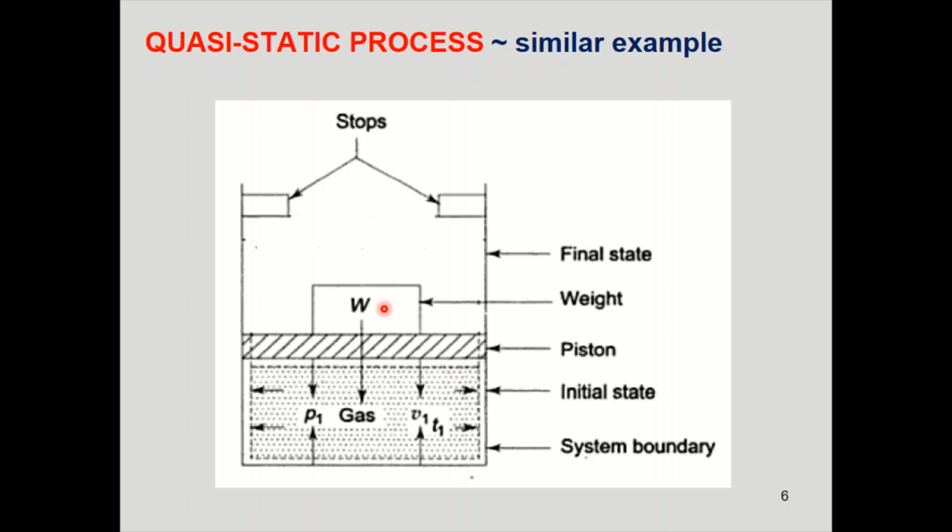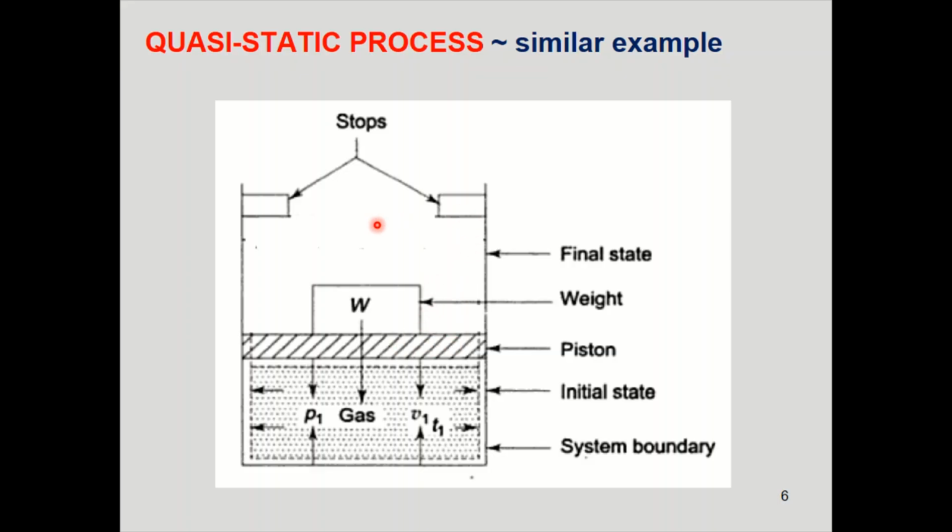In this initial condition, you can measure pressure, temperature and volume because it is in equilibrium. The moment you withdraw this load, the piston will be moving up. You agree?